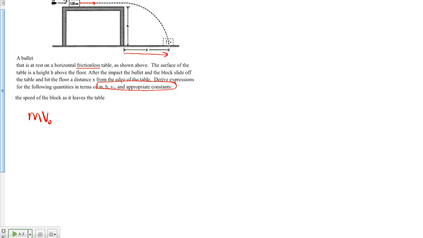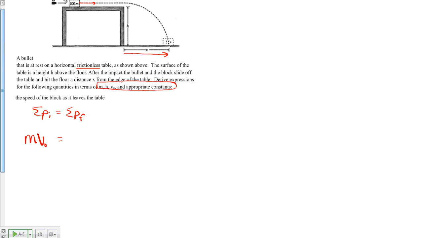The bullet has momentum m v naught to start with. Well, actually, probably a preferred start is some indication that you're using conservation of momentum. The bullet's momentum is v naught times m. The block doesn't have any momentum since it's initially at rest.